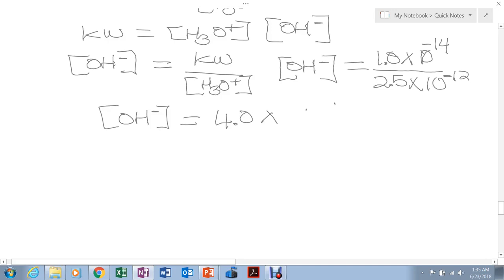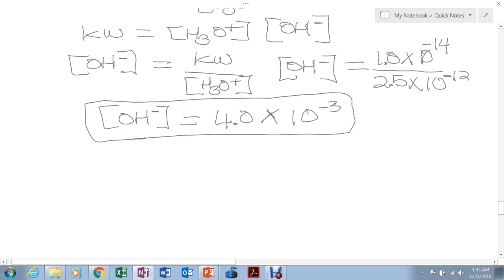When you enter that on the homework answers in Connect, you're going to get your number different from mine, but you have to do it by 10 to the negative 3. You have to put 2 significant figures because if not, you're going to get it wrong. And it comes from the Kw.